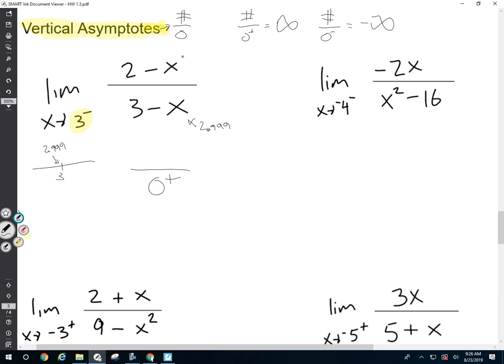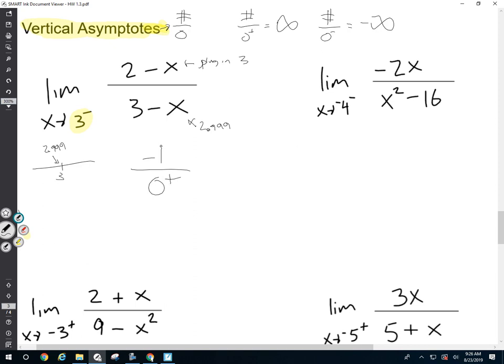Now, in the numerator, I don't have to plug in 2.999. Just plug in 3. Because 2 minus 3 is negative 1. I don't care if it's negative 1 to the left or to the right because it's still negative. I care about 0 from the left and 0 from the right because it changes the sign.